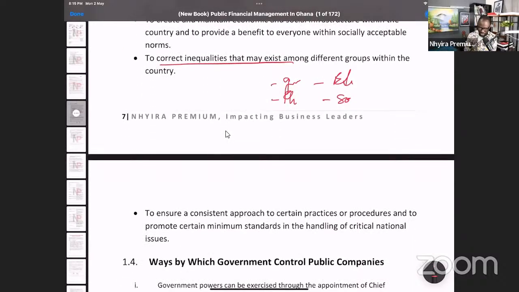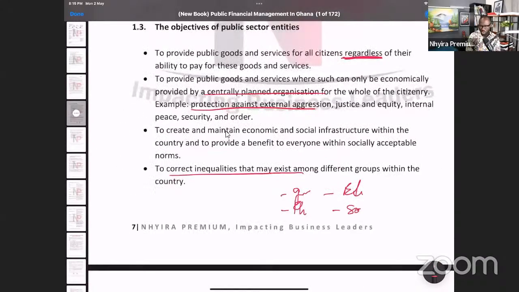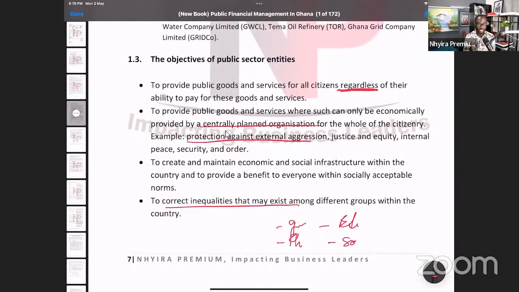Then the last thing is to ensure a consistent approach to certain practices or procedures and to promote certain minimum standards in the handling of critical national issues. So what are the objectives of public sector entities?